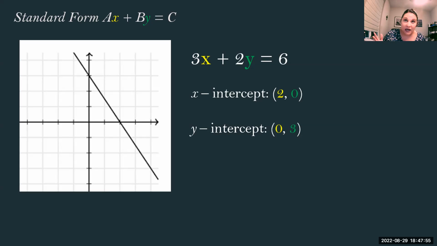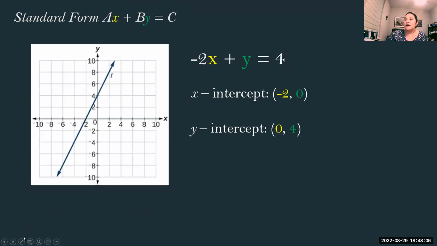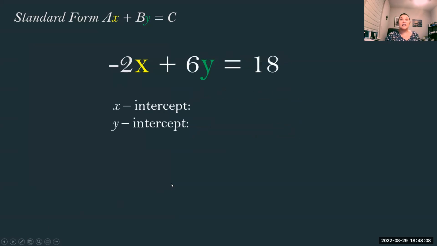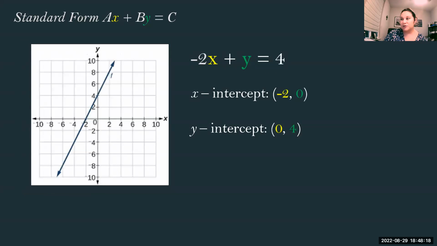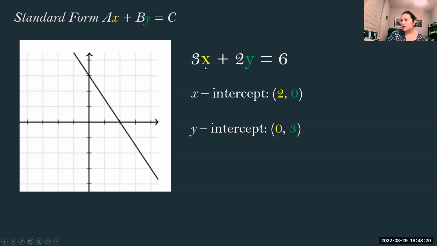If you add 0, it's like adding nothing. So if I put a 0 in the x position, I'm just solving 2y equals 6. I want you to try to do these in your head with the knowledge that intercepts are sometimes easily divided. And when they are, I want you to do them in your head.